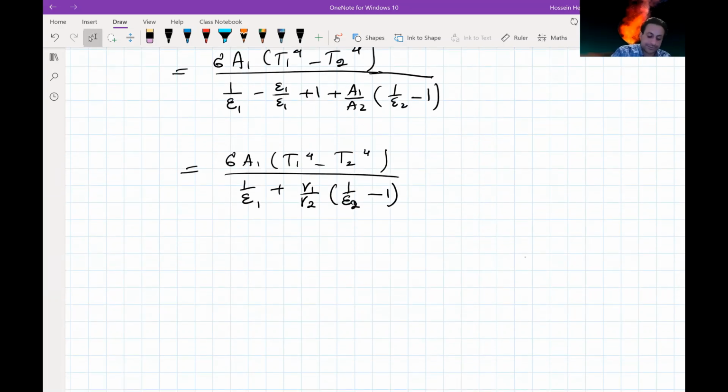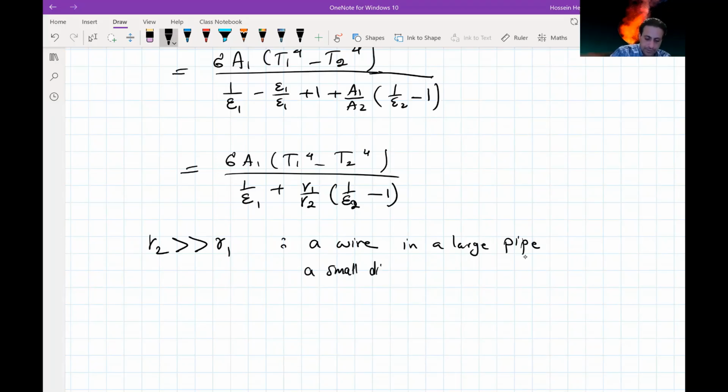Now, if it happens that we have two cylinders where R2 is much larger than R1, examples of that are a wire in a large pipe, or the other one could be a small diameter pipe in a large room or apartment.